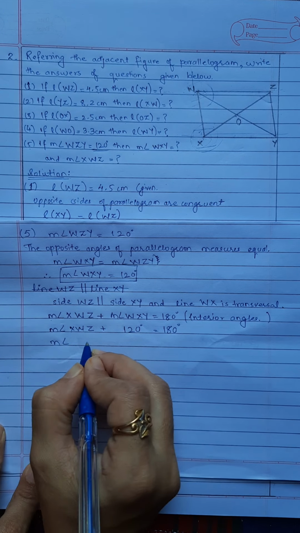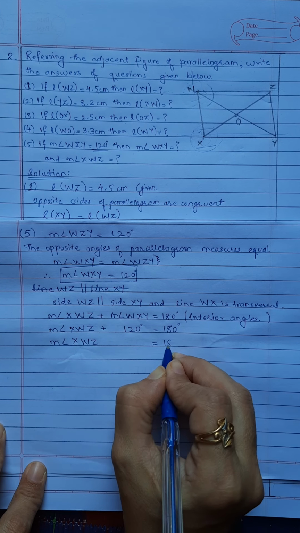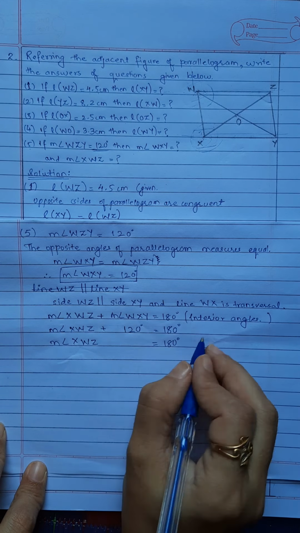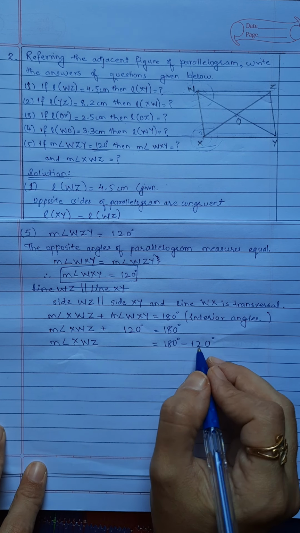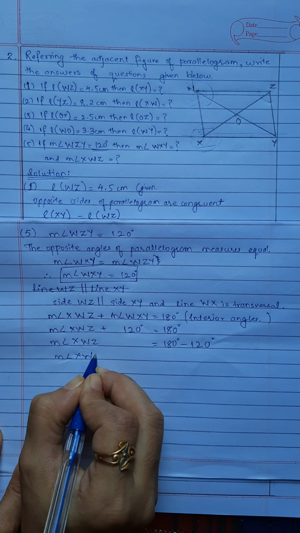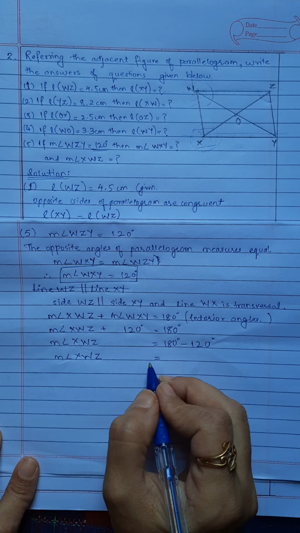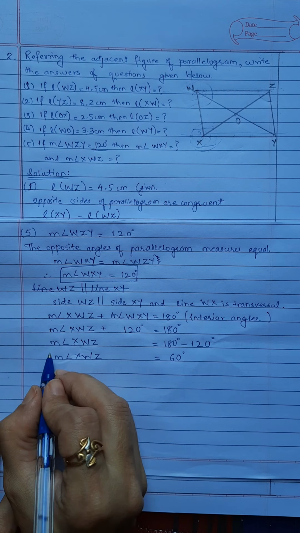Write this measure of angle XWZ as it is, 180 as it is. Bring this plus 120 to the opposite side, changing the sign as minus 120 degrees. So measure of angle XWZ will be 180 minus 120 is 60 degrees. You got this?